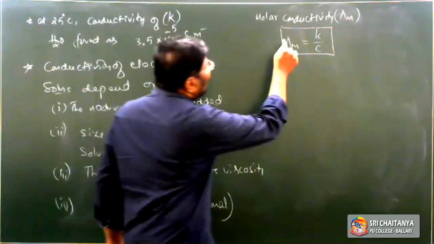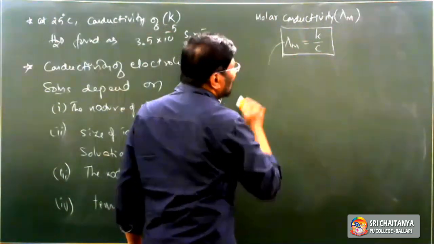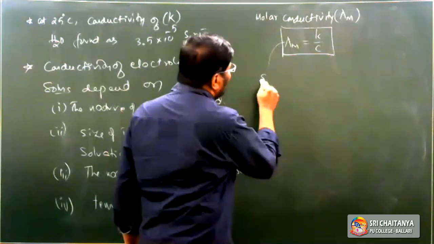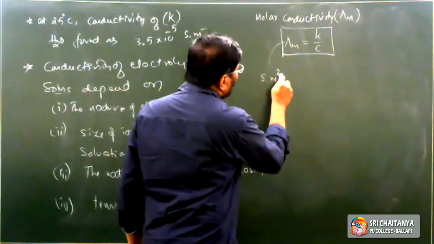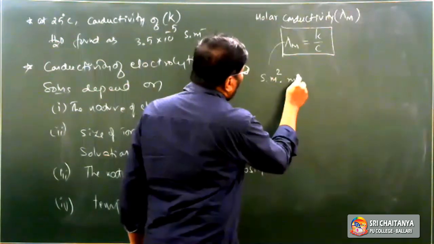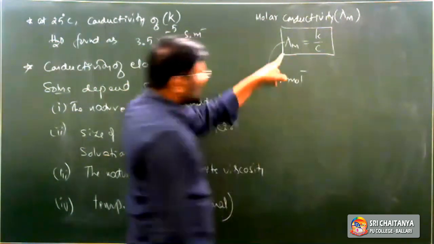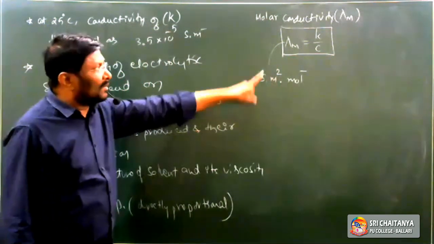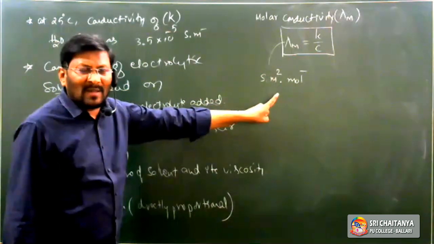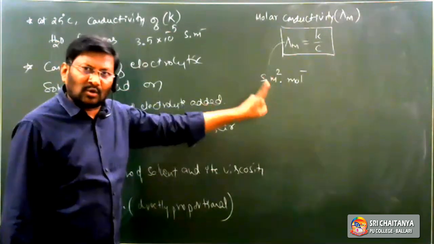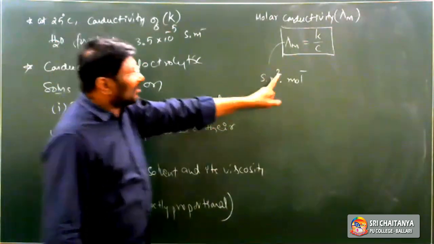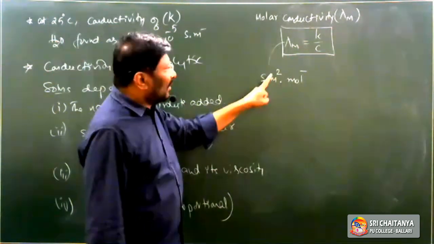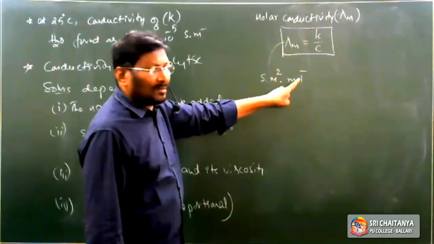Now here lambda m, Siemens meter square per mole. The units, please listen. This is an important formula. They used to ask in our regular PU. The units are important. So lambda m is Siemens meter square per mole.